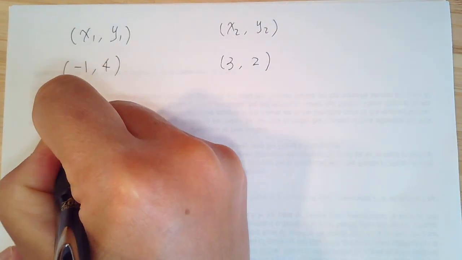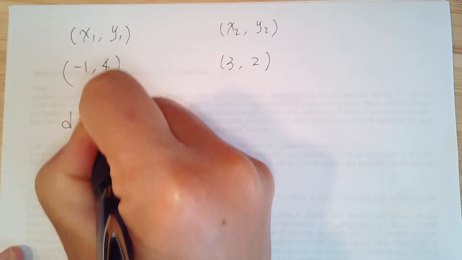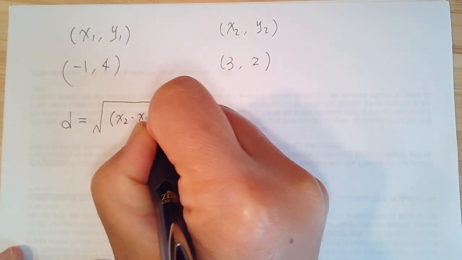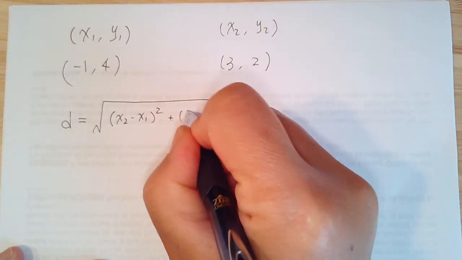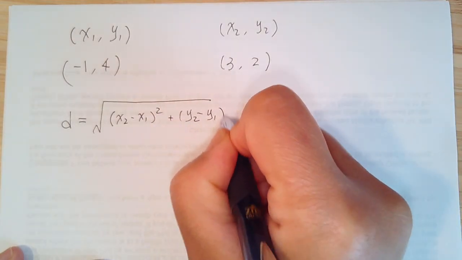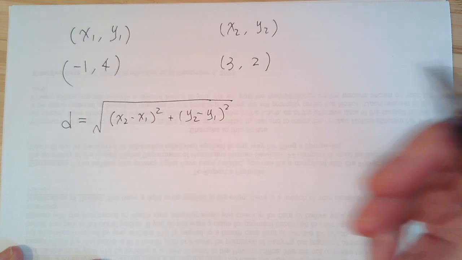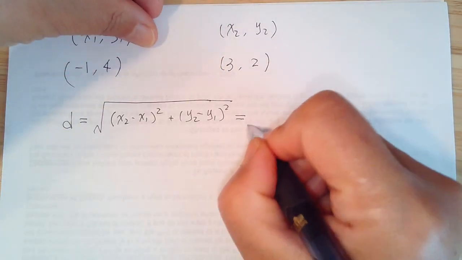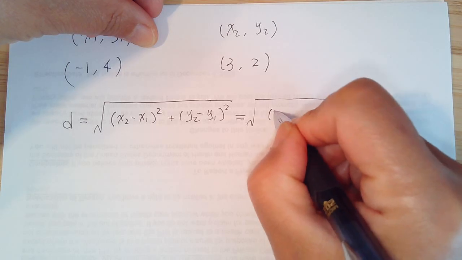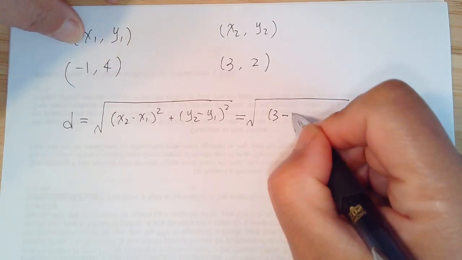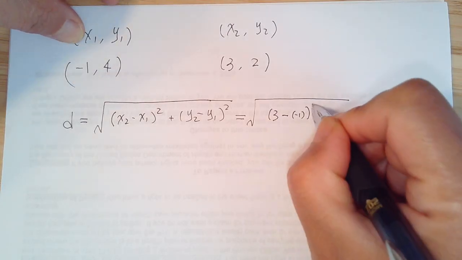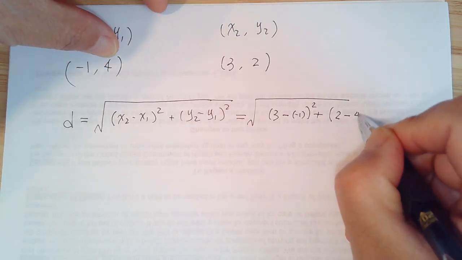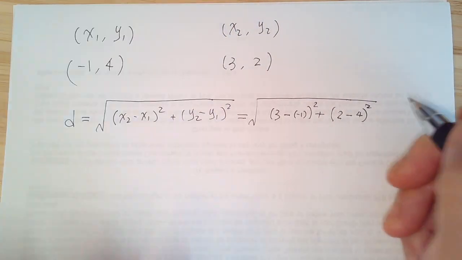The distance equals the square root of (x2 minus x1) squared plus (y2 minus y1) squared, right? That's the distance. So x2 is 3, there'll be 3 minus -1 squared plus 2 minus 4 squared.